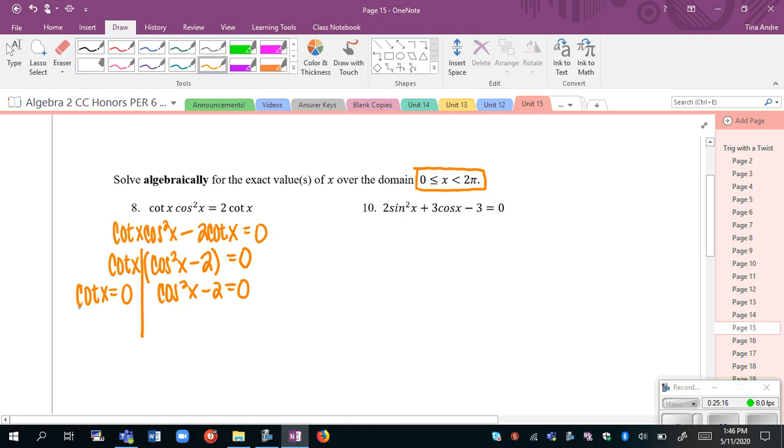So now when I think about cotangent of x equals 0, remember, this would be the same thing as 0 over 1. So this is really the same thing as saying, when is tangent undefined? Remember, tangent is like saying sine over cosine. Since we're looking at 0 and undefined, this is really coming from our quadrant angles.